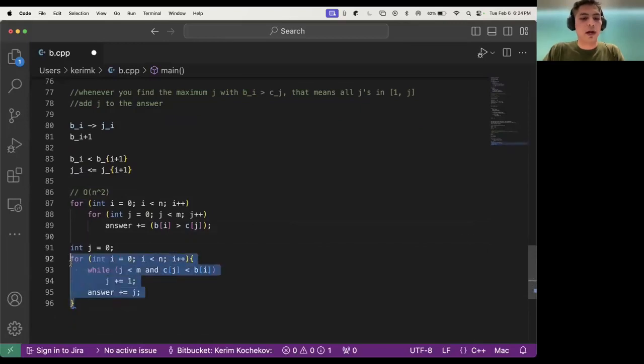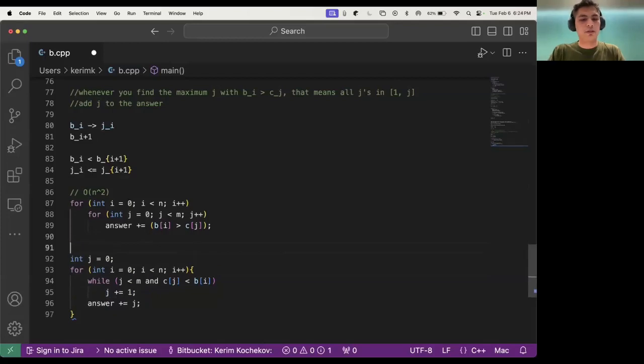Here we have a loop that traverses 0 to n, and here we have a while. At first sight this while might seem n squared. However, it is not, because here we have a pointer that always increases and never decreases. Hence, it will traverse the C array only once. So the complexity of this would be n plus m. Oh, sorry, here it should be nm.